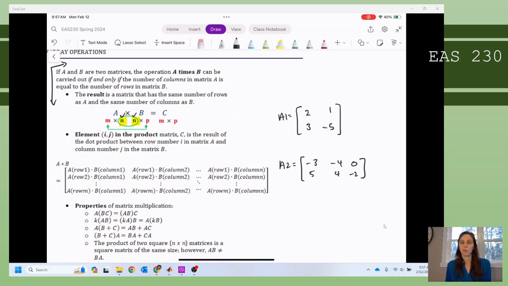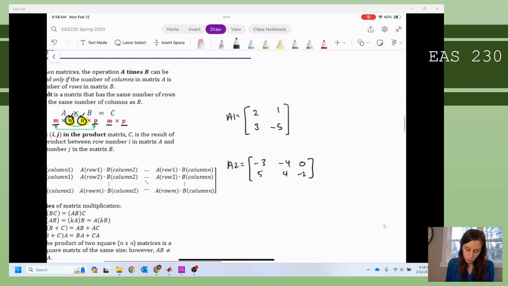Otherwise, we can't. So matrix multiplication can only be performed on some matrices. Also, the order matters. This needs to match with this. My resulting matrix is going to have the same number of rows as A and the same number of columns as B. So that means my resulting matrix is going to have m rows and p columns.